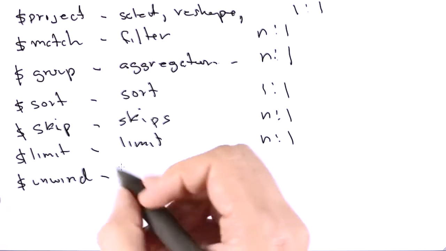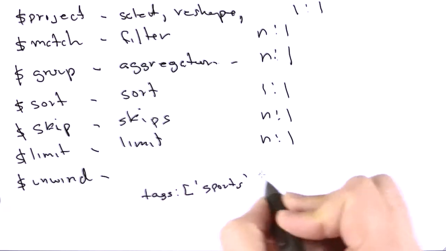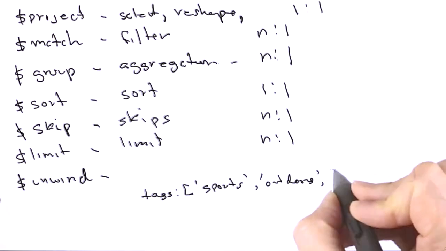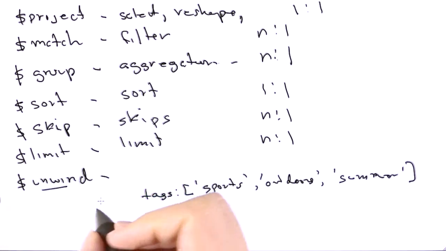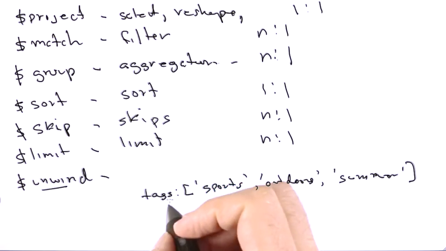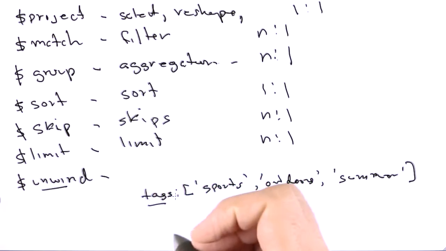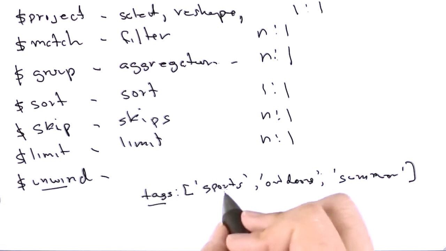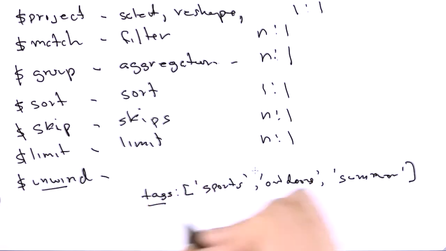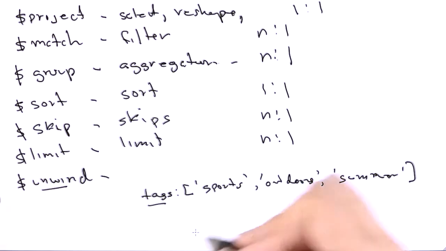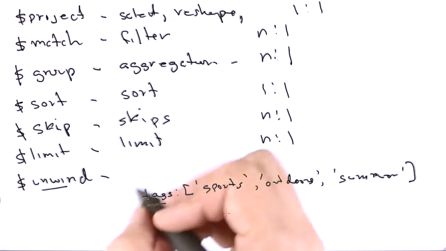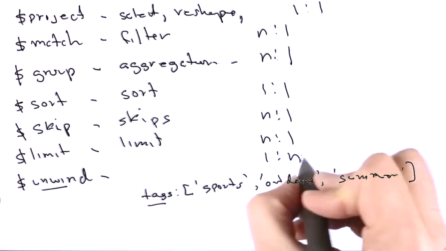So you can imagine that if you had, let's say, a blog post with tags, and the tags were sports, outdoors and summer, when unwind encounters a document, and you unwind on a particular key, like tags, it's going to produce a document for every single one of these sub-elements with everything else repeated. So it basically normalizes the data again so that you can more easily aggregate it. This is going to create an explosion of documents. I might have one document with 3 tags, and it might produce 3 documents going through the unwind stage. So I'm going to say 1-to-n.